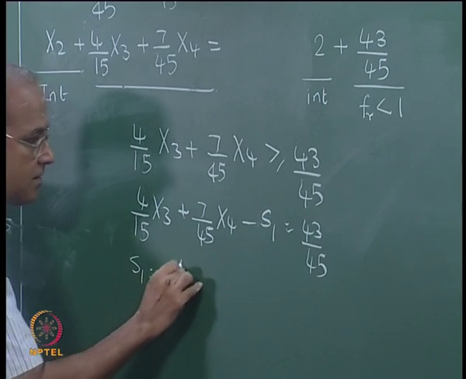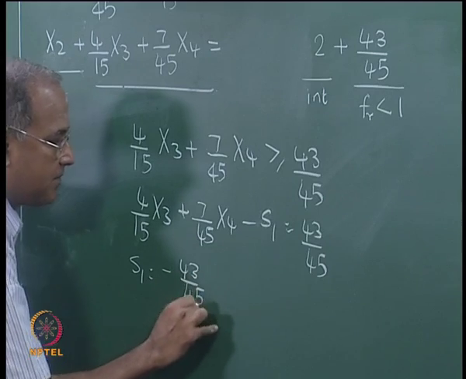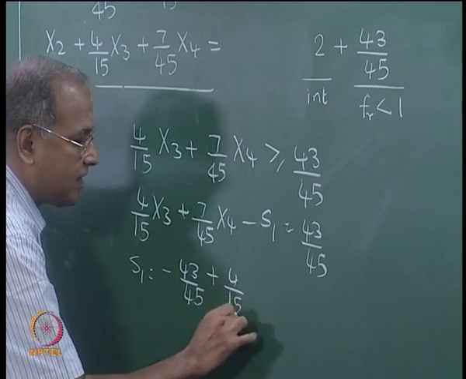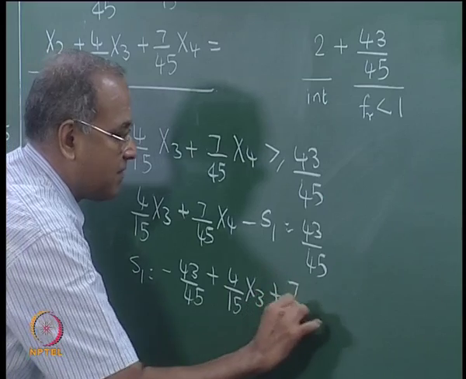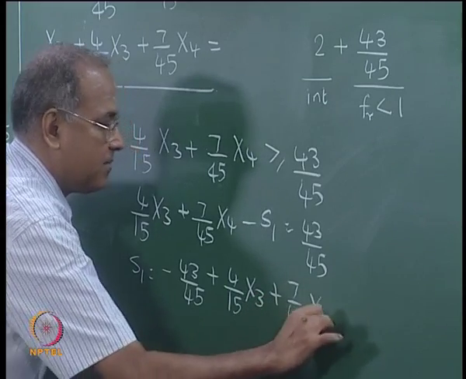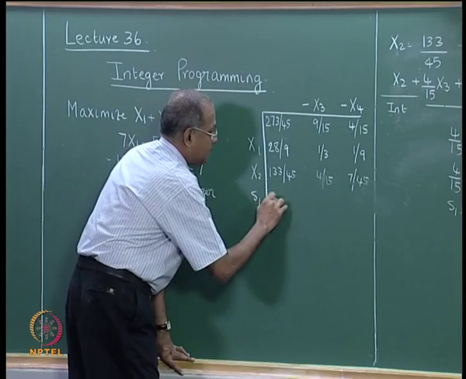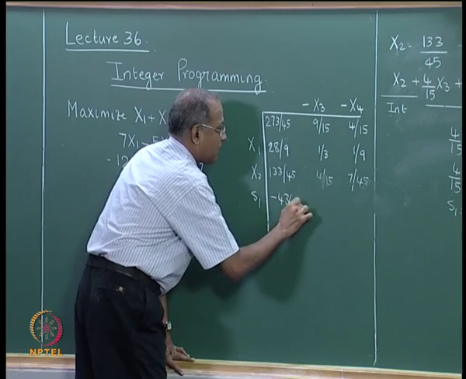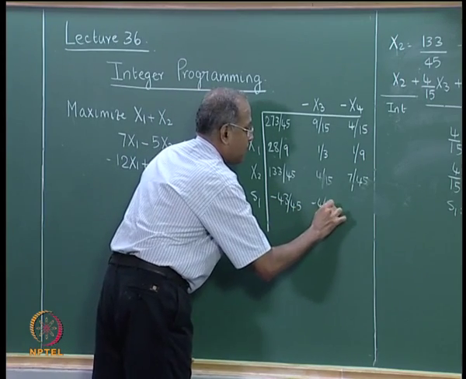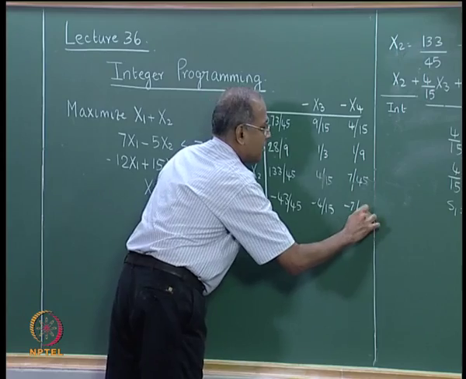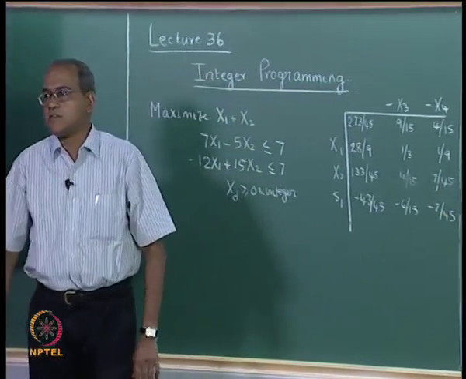So s1 equals minus 43 by 45 plus 4 by 15 x3 plus 7 by 45 x4. Written this way, it becomes minus 43 by 45 minus 4 by 15 and minus 7 by 45. So this is your Gomori cut.